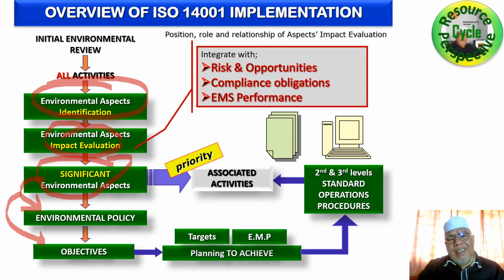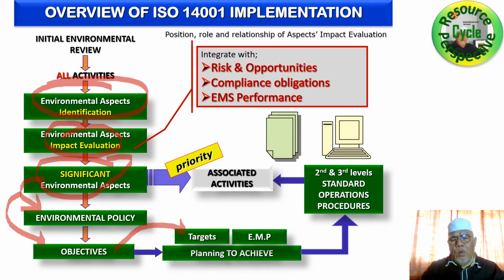What are the company's objectives with regards to environmental management? We go into more detail for each aspect that we choose. Usually we would give priority to significant environmental aspects, and we develop what is called an environmental target.